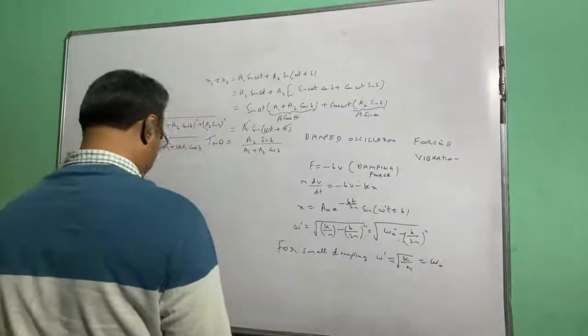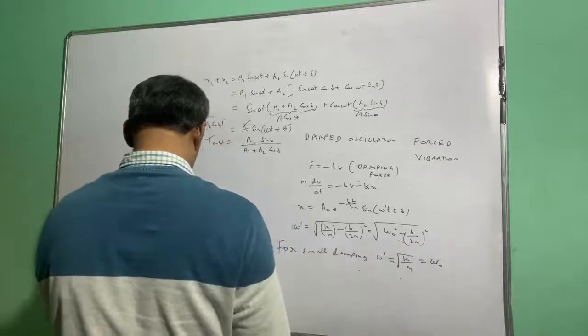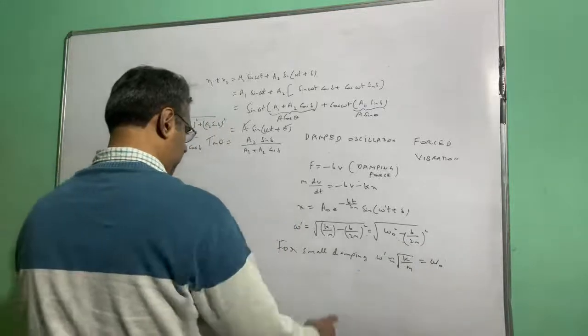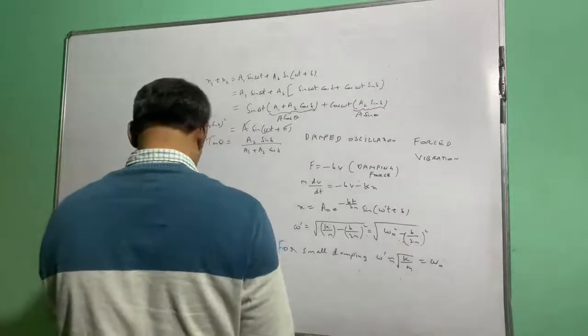So omega dash is approximately root over k by m, that is omega 0, if there is a small damping.